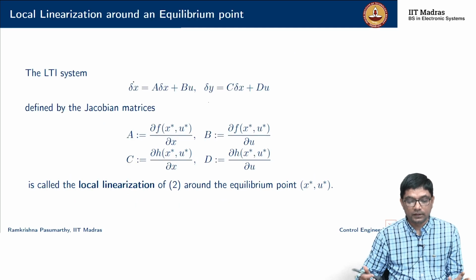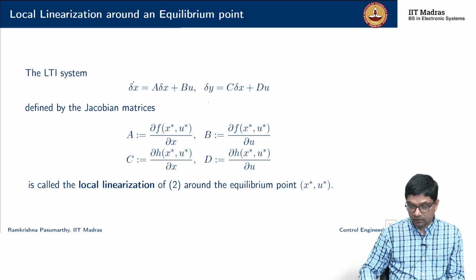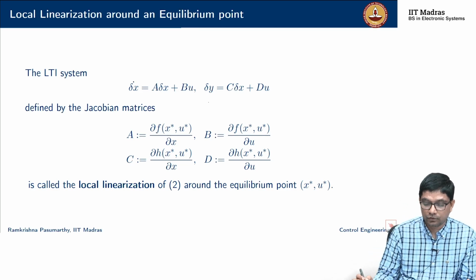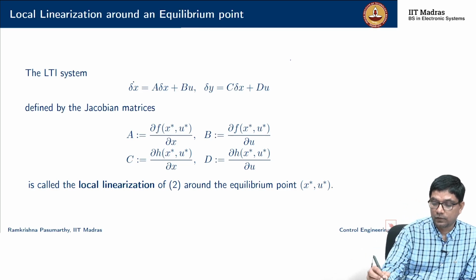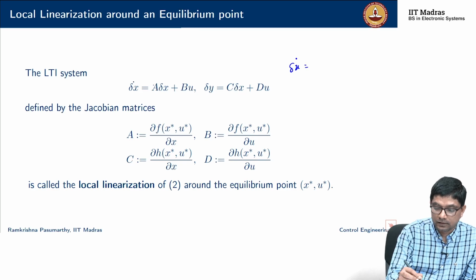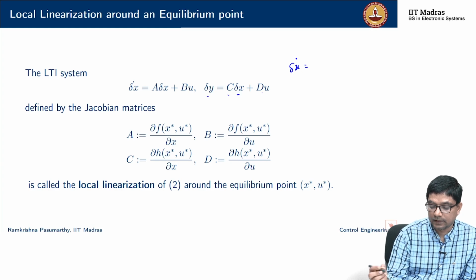Of course, we know now the approximations. I will just look at the Taylor series expansion about it. Again, I'll skip the steps here, but this is good enough for us. So I look at delta x dot is A delta x plus B delta u, delta y is C delta x plus D delta u.